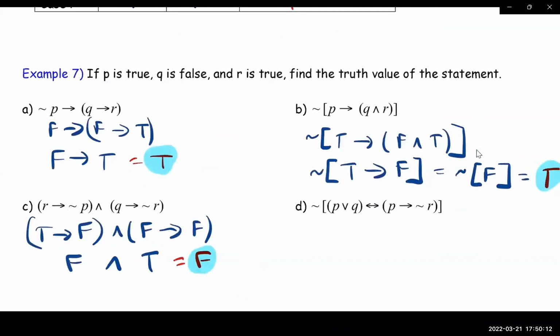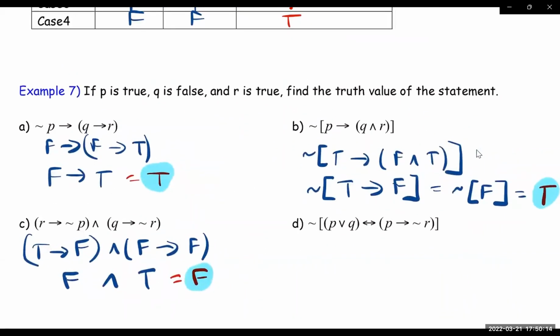All right, last one. So P is true or Q is false, double-sided arrow, P is true, not R. If you negate the R, that becomes a false.